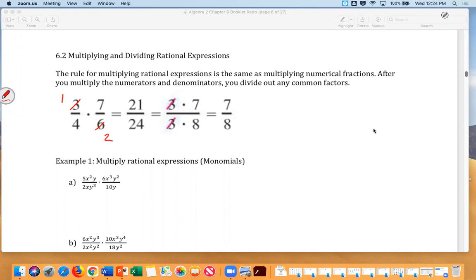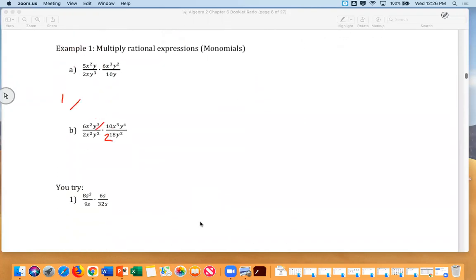Right? And I can do 1 times 7 is 7, and 4 times 2 is 8. And I know it seems kind of like, well, that wasn't so hard. But when I'm talking about these things, it can kind of get crazy.